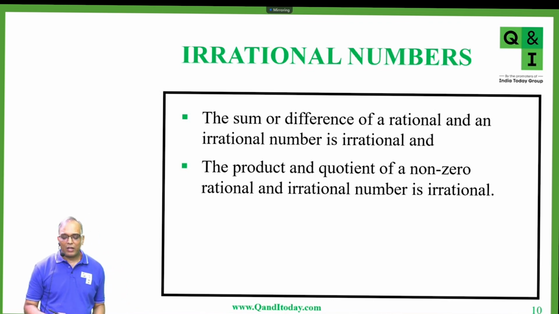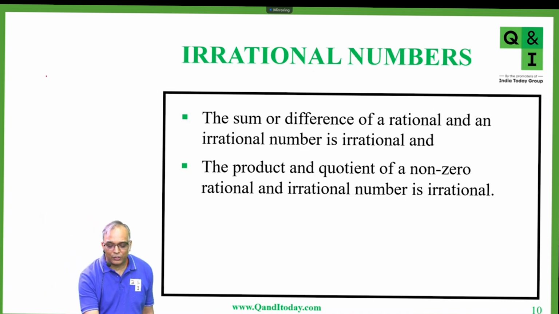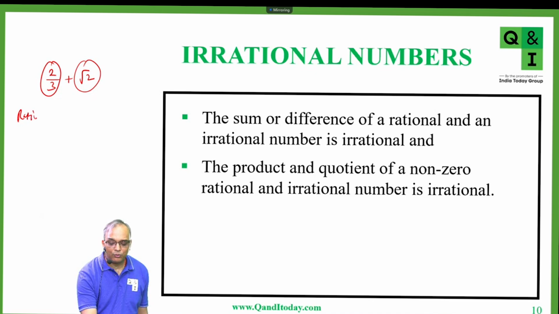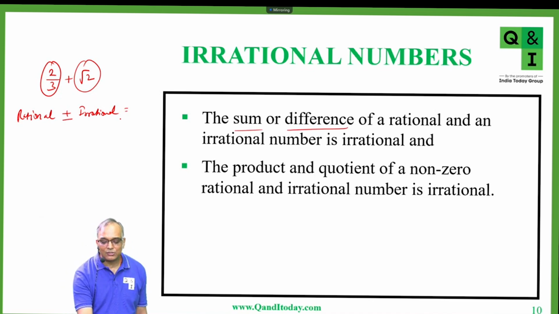Means if you have a sum or difference of a rational and an irrational number, for example 2 by 3 plus root 2, this is a rational number, this is an irrational number, right? So if you have rational plus irrational, in fact plus or minus, sum or difference is always an irrational number.